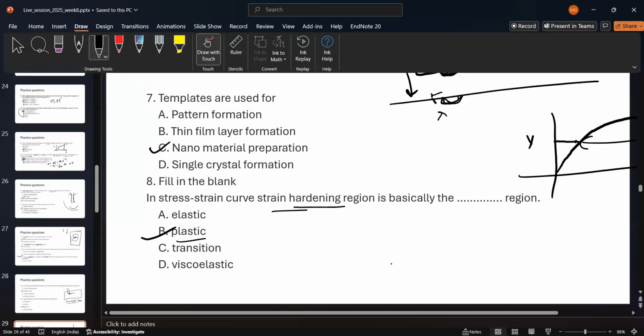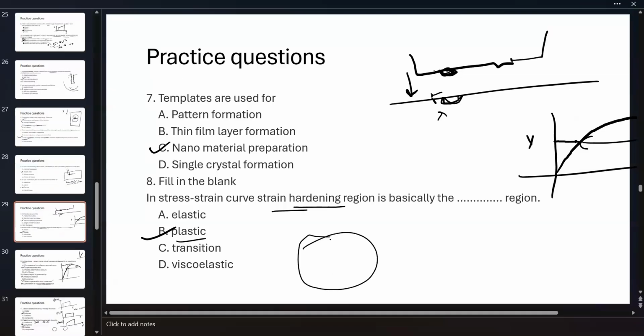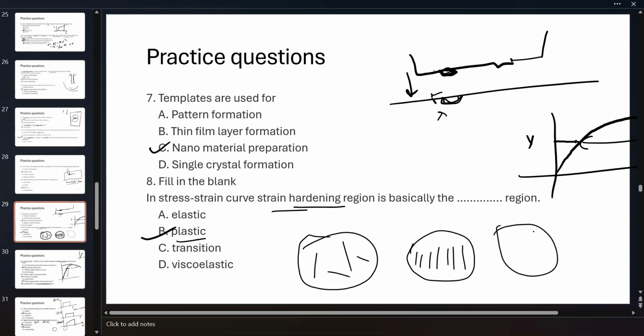So till yield point, initially there are very few dislocations. As you increase the stress, there will be more dislocations. At the point of yield strength, you have your maximum dislocation concentration. There's lots of dislocation piled up inside the grain.